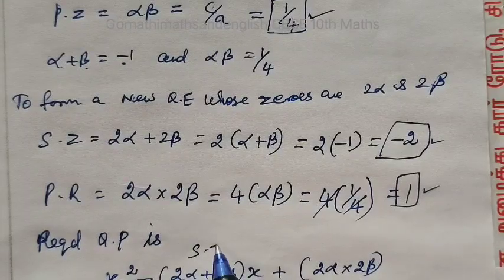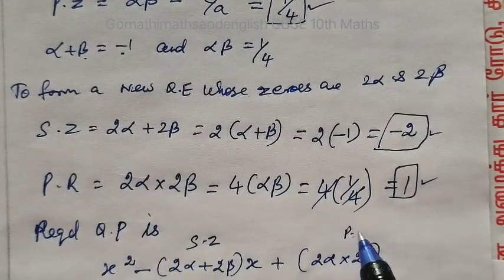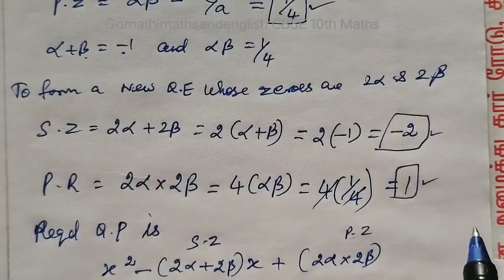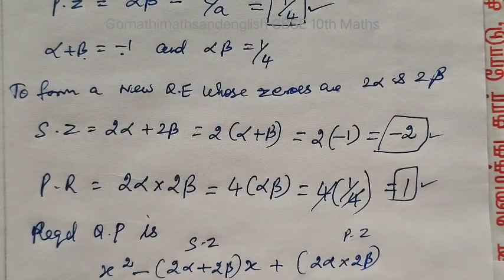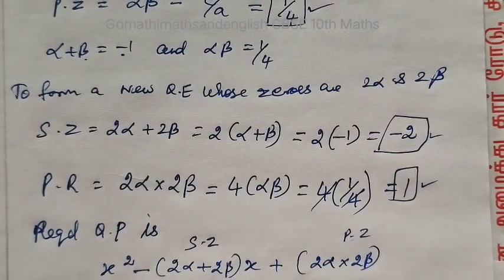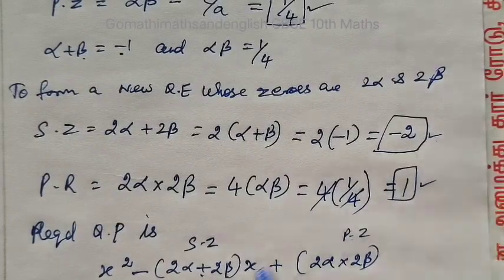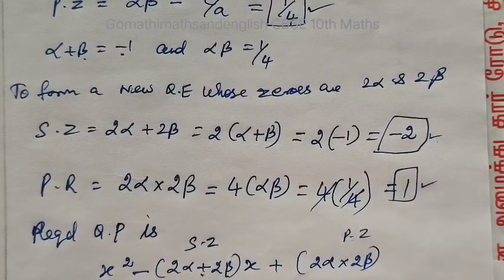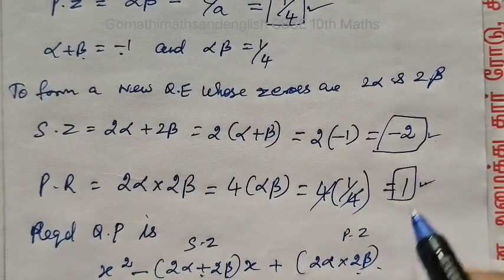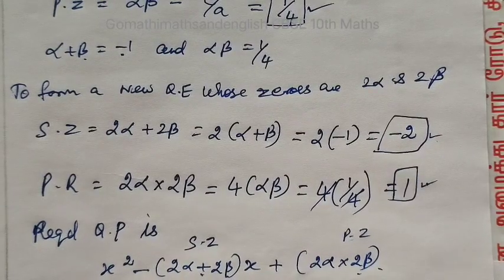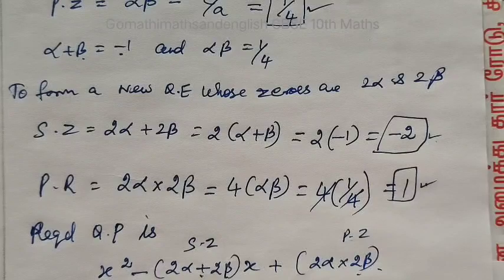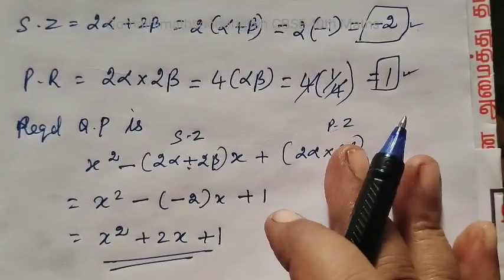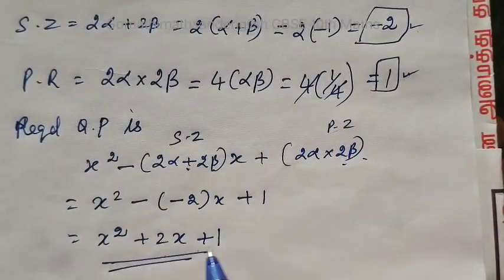Here you can just write it like this, sum of zeros and product of zeros. So equal to x squared minus the answer of this, minus 2x, plus the answer of this, 1. So equal to x squared plus 2x plus 1. So this is the answer for this.